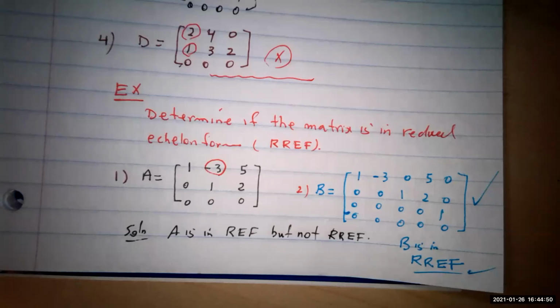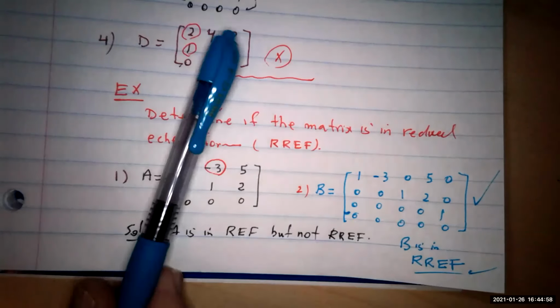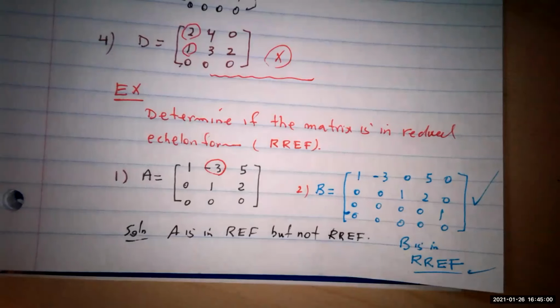We are going to use those operations to convert the given matrix into the row echelon form or reduced echelon form. These operations are going to be standard.